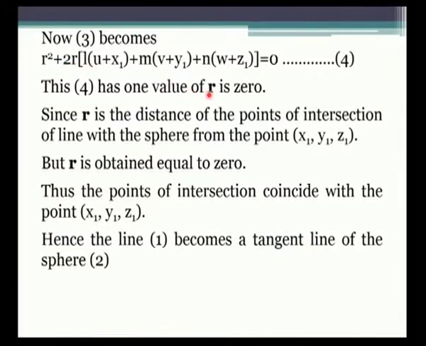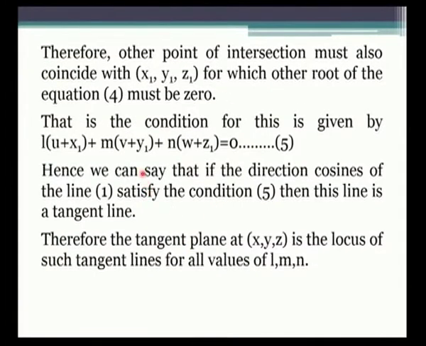Initially the first value of r is equal to 0, therefore line 1 becomes a tangent line of the sphere. Then the second value of r also must be equal to 0. The condition for this is L into (u plus x1) plus m into (v plus y1) plus n into (w plus z1) is equal to 0. So this is the condition for which the second value of r must also be equal to 0.